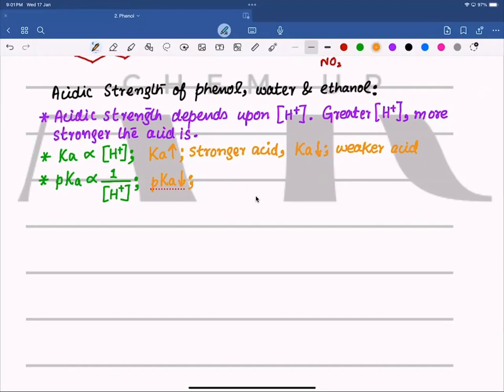And if the pKa value is smaller, then there are more hydrogen ions in the solution, and the solution is a stronger acid. And if the pKa value is greater, then there are fewer hydrogen ions in the solution and it's a weaker acid.